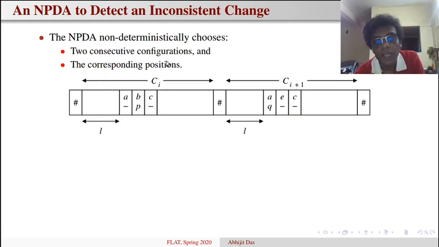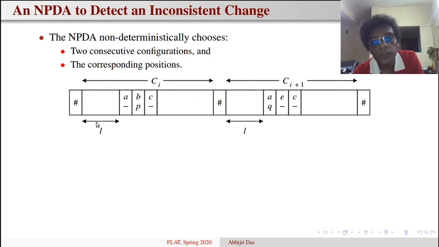So I have a situation like this. The NPDA non-deterministically chooses some Ci, and assumes that the inconsistency can be found between Ci and Ci plus 1.